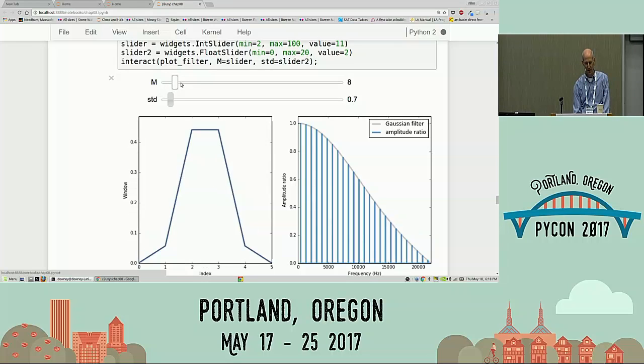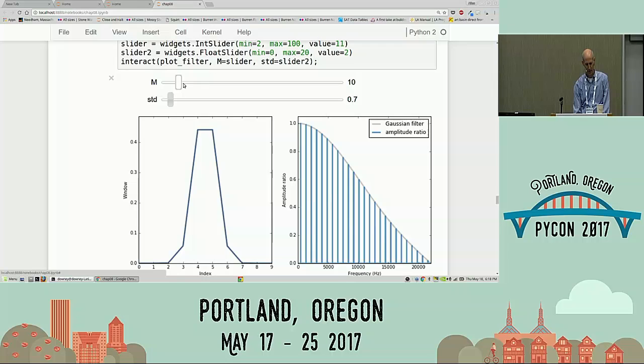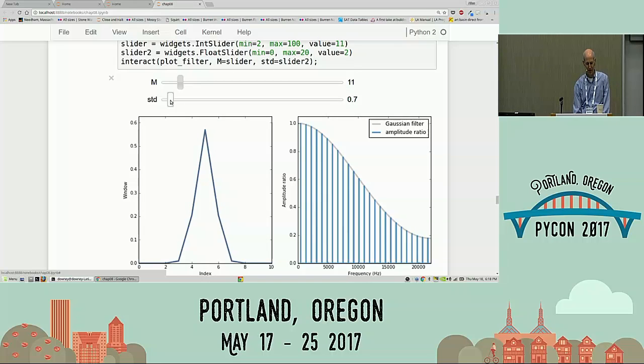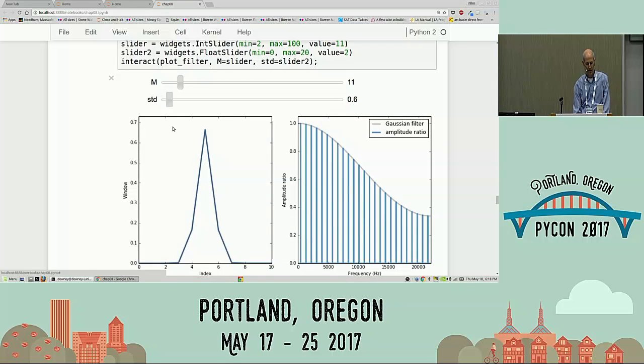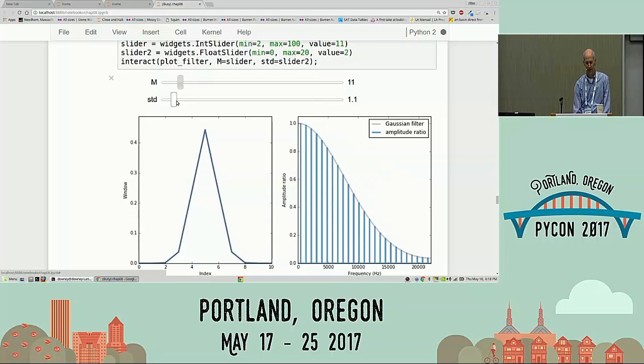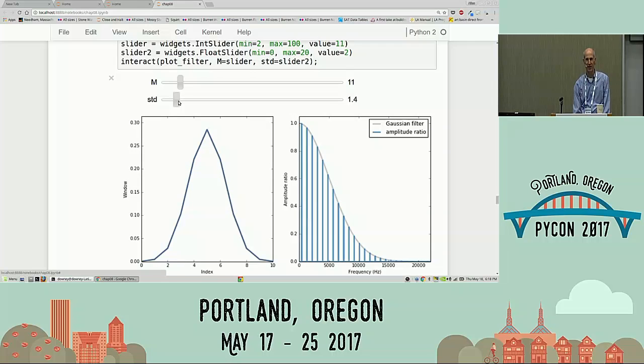So let me stick with m equals 11 for just a second. When I have a low standard deviation, my window is not very wide. So I'm not adding up very many points. I'm not smoothing it out very much. And so I'm not filtering it very much. Lots of high frequency components are still going through. As I increase the standard deviation, the window gets wider, so I'm adding up more points.